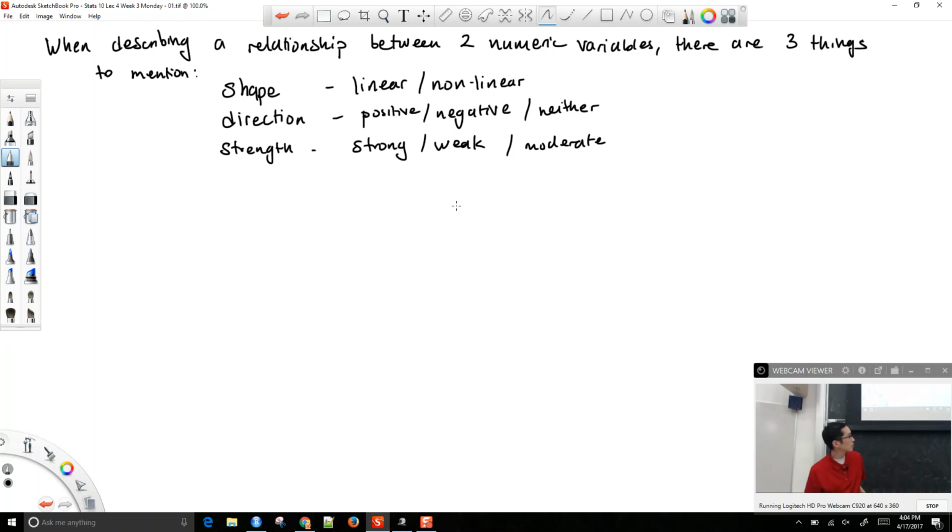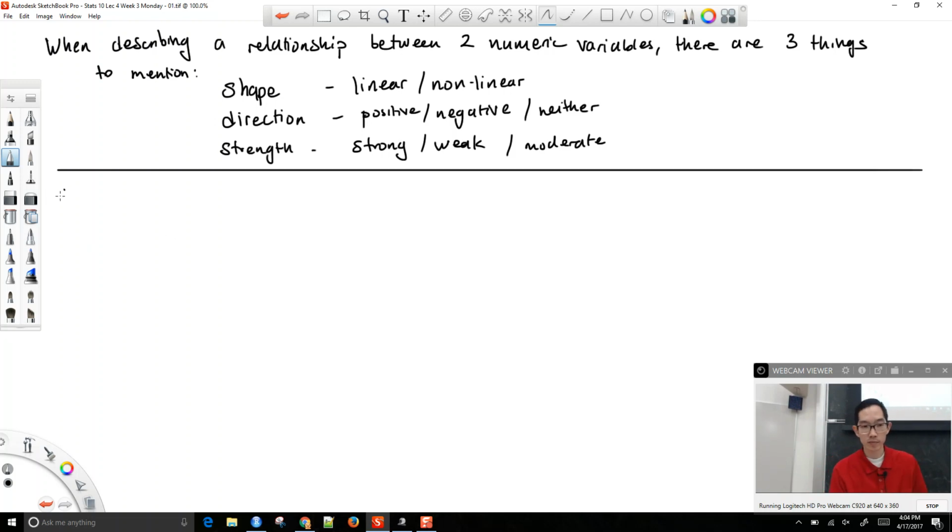Okay, so we talked about the shape, we talked about the direction, and so let's talk about the strength of a relationship. If the relationship is strong, then that means if we are given one variable, we can make good predictions about the other variable.